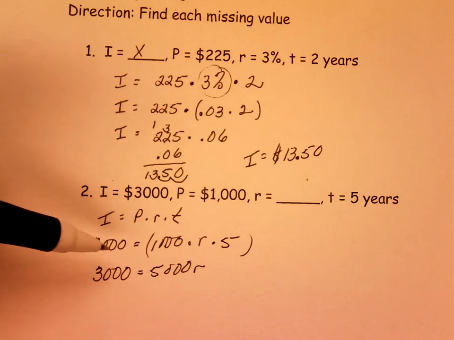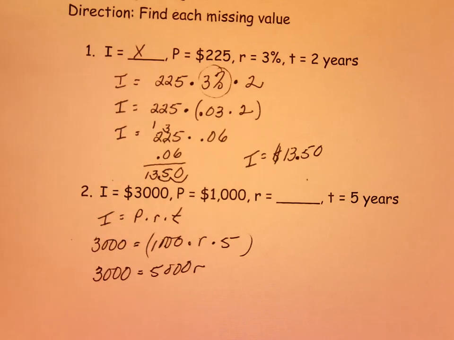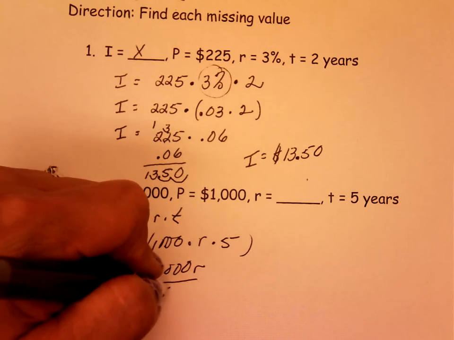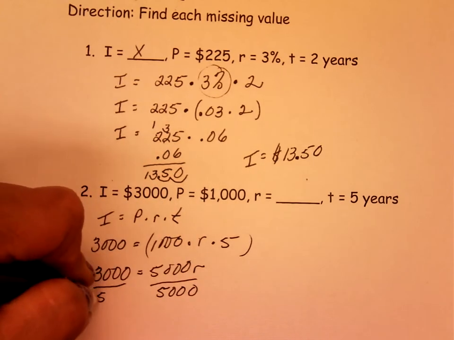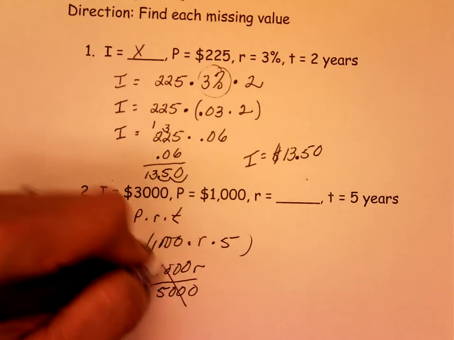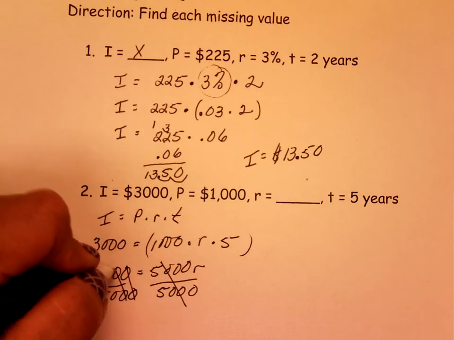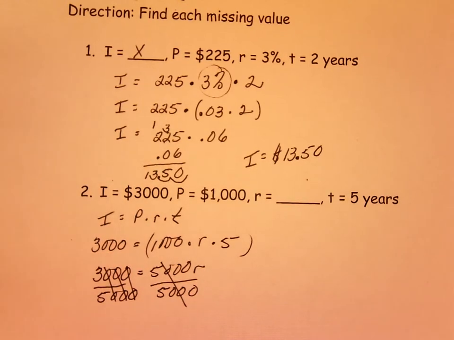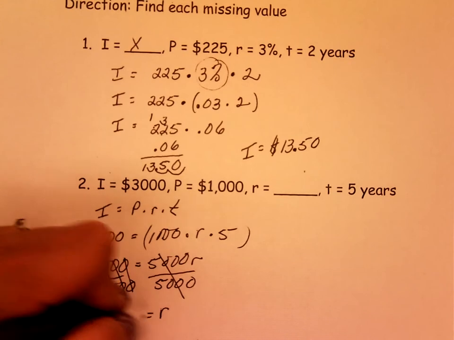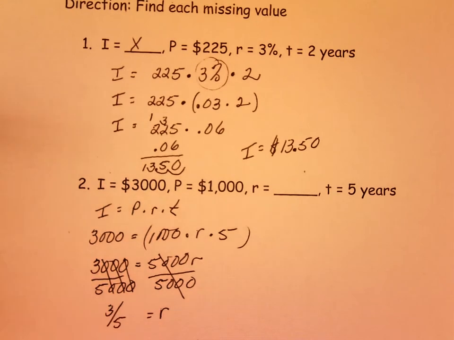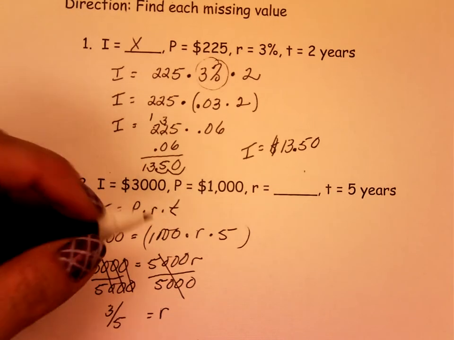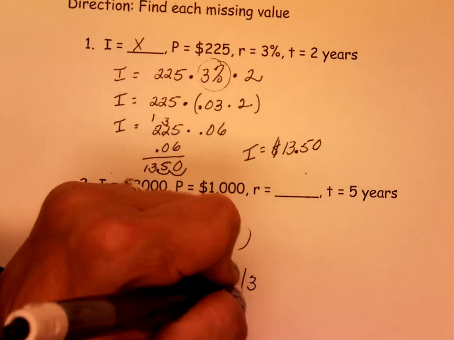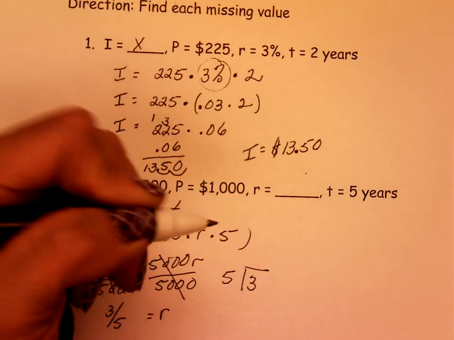Well, now you should know how do you get your variable alone. You divide by 5,000. Okay, this cancels out. I'm going to cancel all my zeros, so I'm left with 3/5. So R is equal to 3/5, but we got to find that in percent. So now you have to divide 3 and 5. 5 goes into 3, it does not.